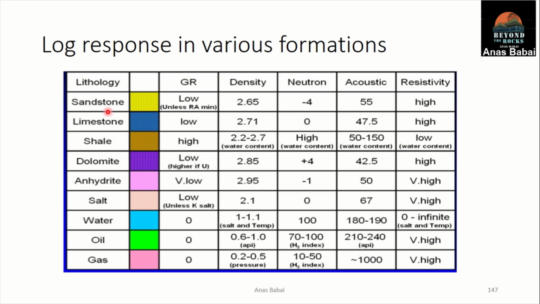You will find that the atomic mass of sandstone, which is SiO2, the quartz, is less than the atomic mass of limestone, which is CaCO3. That's why it will read -4. While if we check dolomite, which is CaMg(CO3)2, it will have a higher atomic mass compared to the limestone, so it will read higher, more than 0 or above 0.